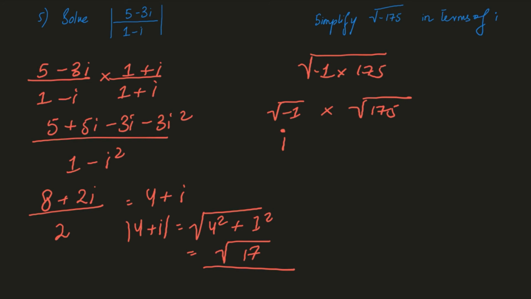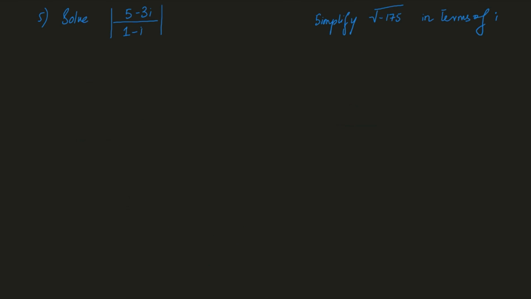So this is i times root of 25 times 7, which is 5 root of 7, because 5 5s are 25, you already know that. And then 5i root 7 is your answer. All right, so this is it.